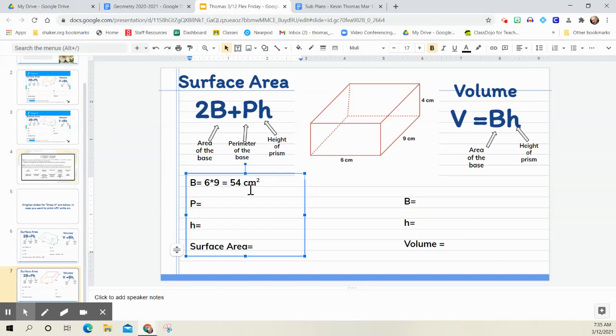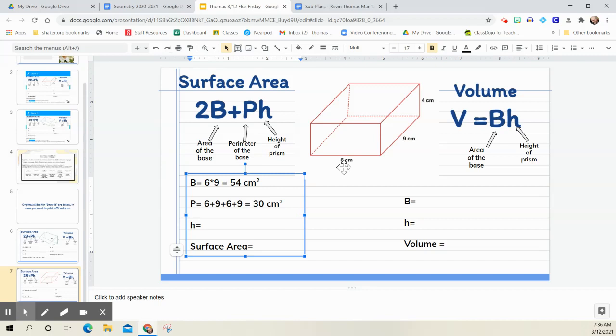Oh, and it's 54 centimeters squared because we're finding out how many squares it takes to fill up that bottom layer. Next, the perimeter of the base. Well, it's a rectangle, so there's 4 sides. So we just add up the 4 sides, 6 plus 9 plus 6 plus 9, and we get a total of 30 centimeters. Last is the height of the prism.